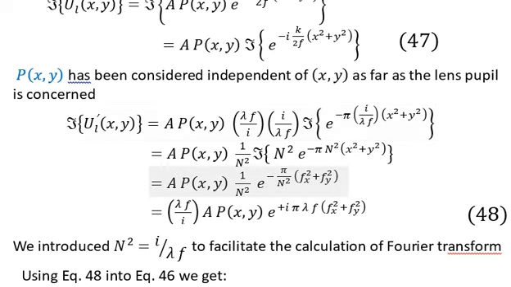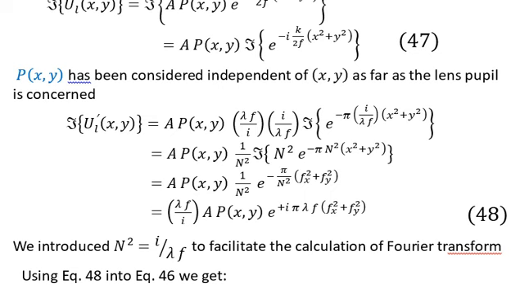So I am introducing the parameter n square here. Within the curly bracket, iota over lambda f will be represented by n square, and similarly the term outside the Fourier operator will also be converted into n square, and the same factor in reciprocal form will be converted into 1 over n square.